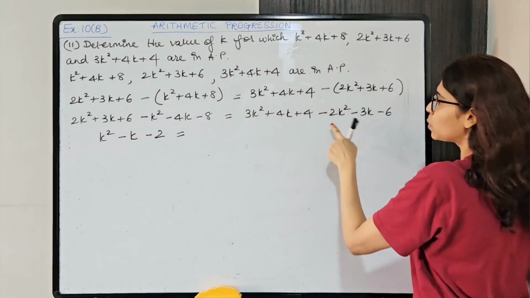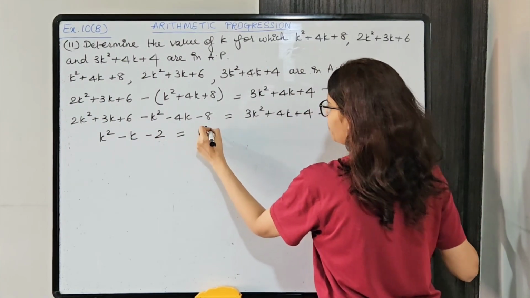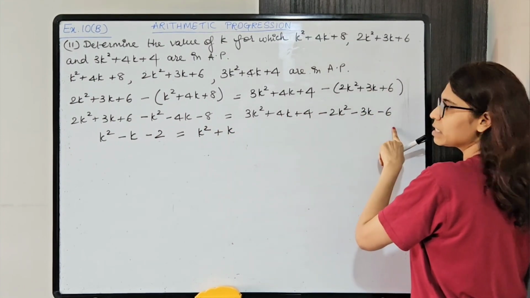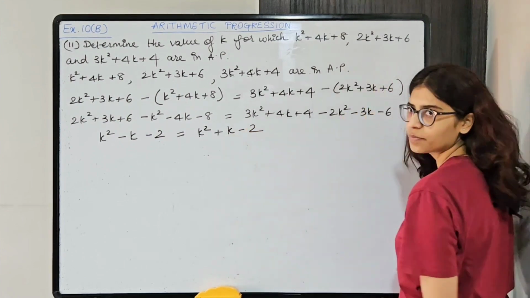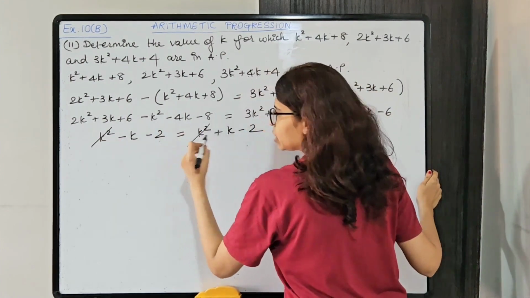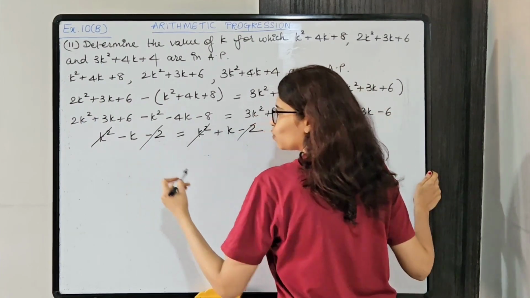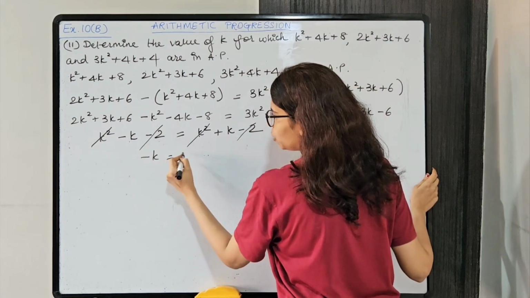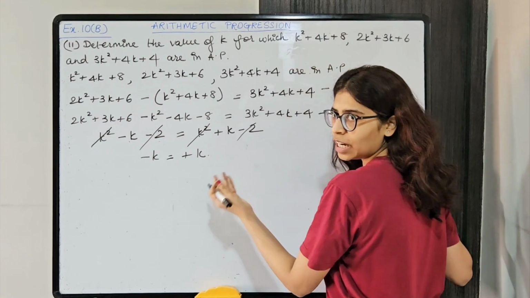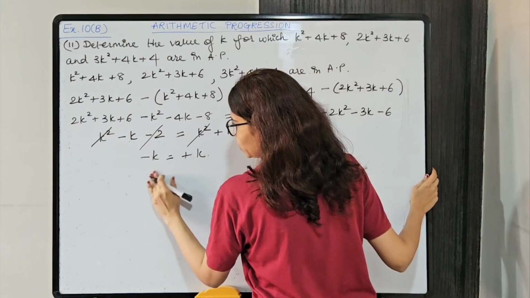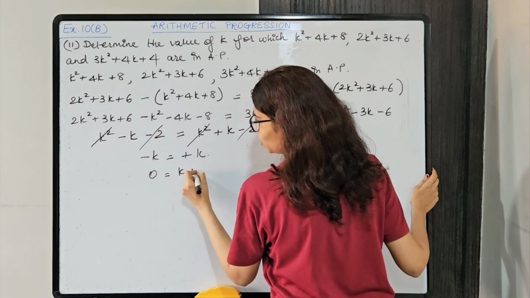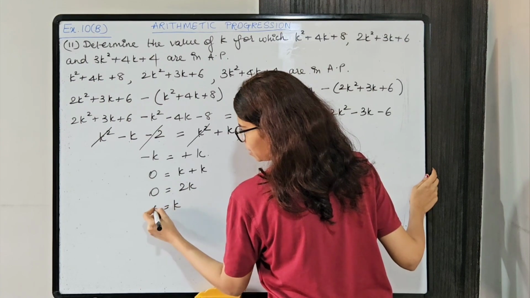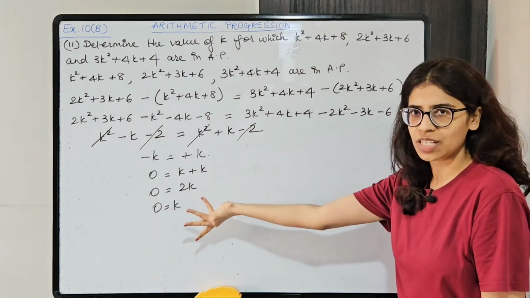Over here 3k square minus 2k square, k square. 4k minus 3k, k. 4 minus 6 minus 2. k square I can cancel, minus 2 I can cancel. ये negative k है, it is equal to plus k. Shifting k on the other side, you will get 0 is equal to k plus k. So 2k is equal to 0, that is k is 0, right? 0 upon 2 gives 0.